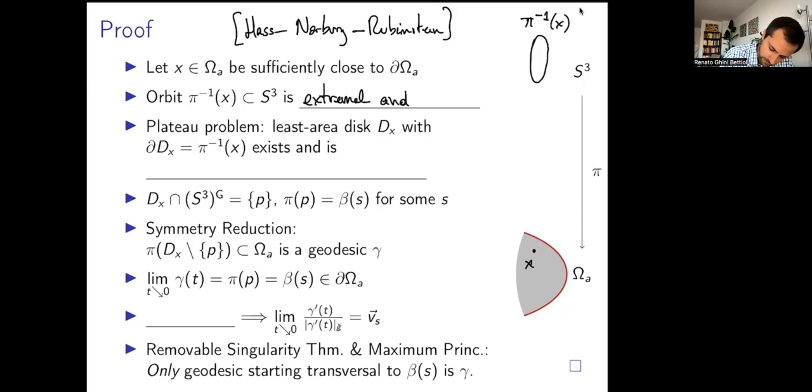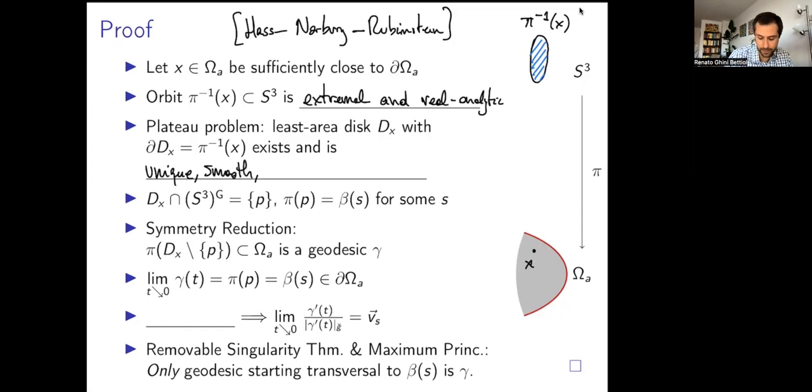And it's also real analytic. It's a very well-behaved contour. So there is a unique solution to Plateau's problem. I can fill this in with a disk, a unique least area disk, which is therefore minimal with that boundary. The solution is unique because by extremality, it's smooth.